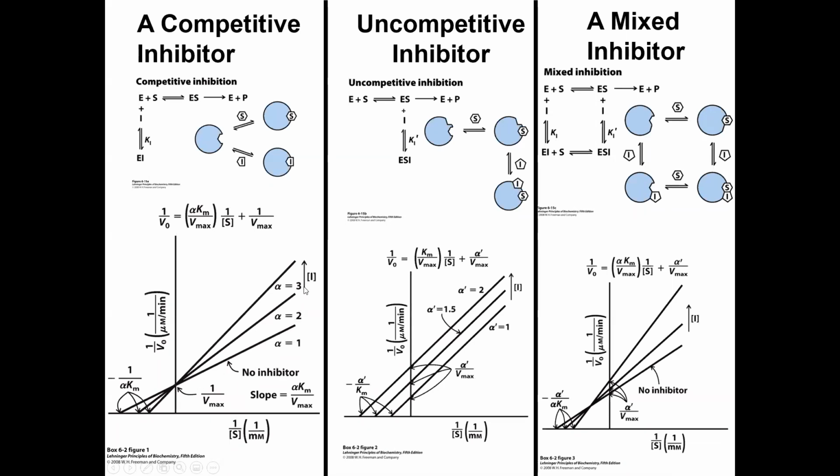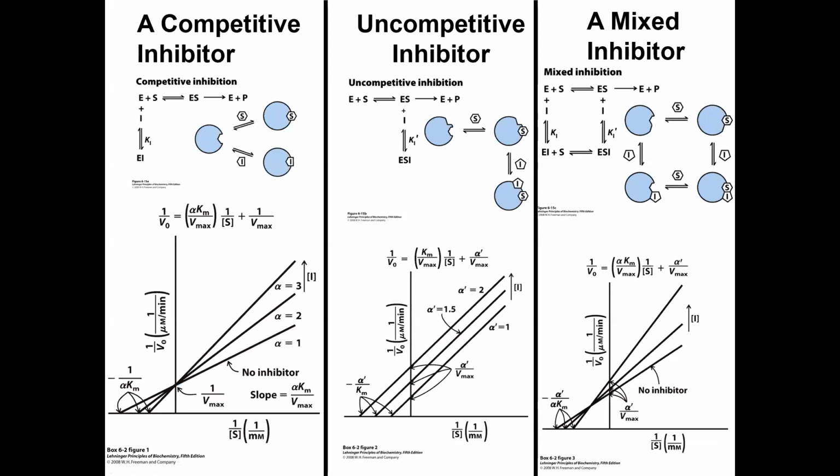Now, if you increase the concentration of I, when alpha is 2 and alpha is 3, you will see that your lines look like this. With I going up, you have higher and higher slope. But if you have a competitive inhibitor, you will see that all of those lines merge at one place on the 1 by V axis.